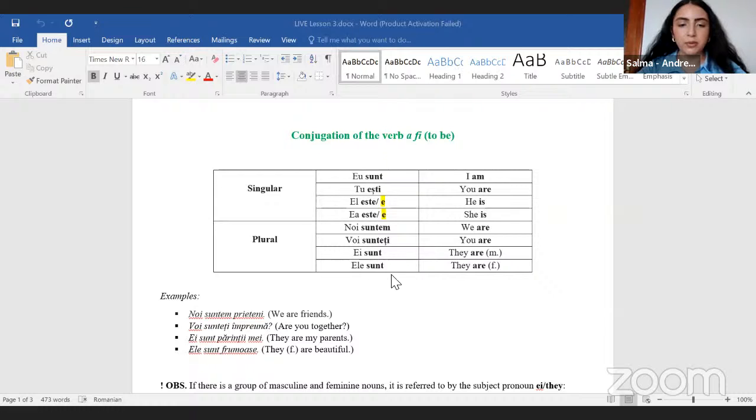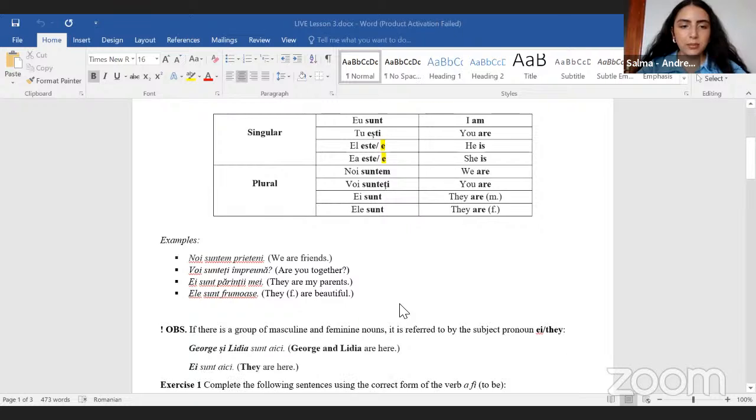As you probably remember from last time, in Romanian we have two different personal pronouns for they, and they are different based on gender. So we use ei most of the time for masculine, when we talk about males, but also when we have a group of mixed gender, males and females, we will refer to them using ei. And ele is just for females.